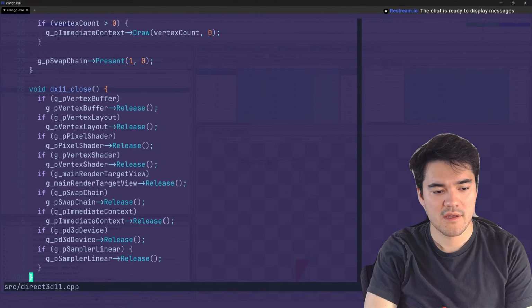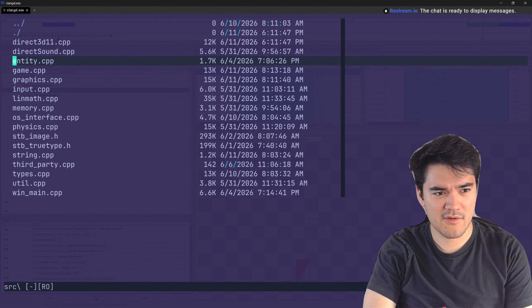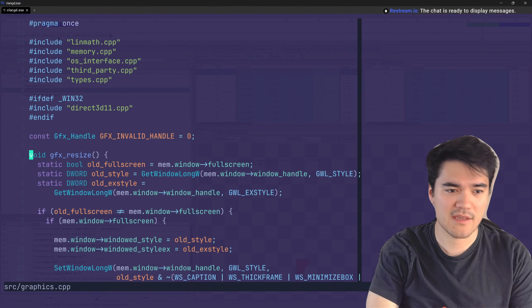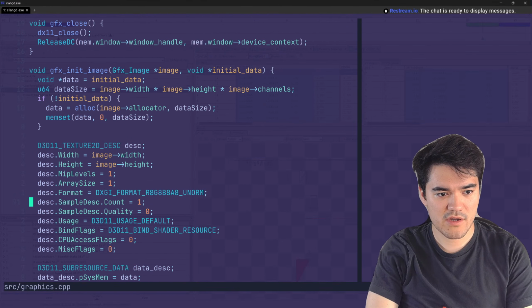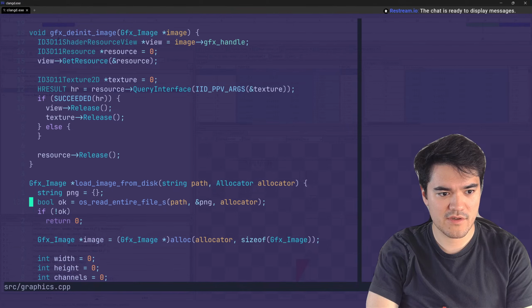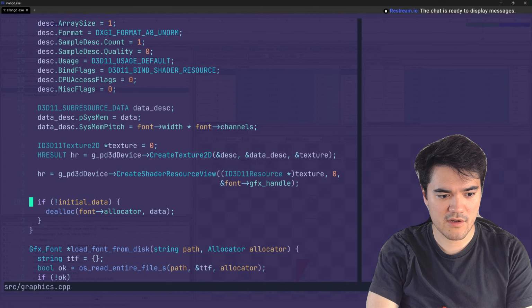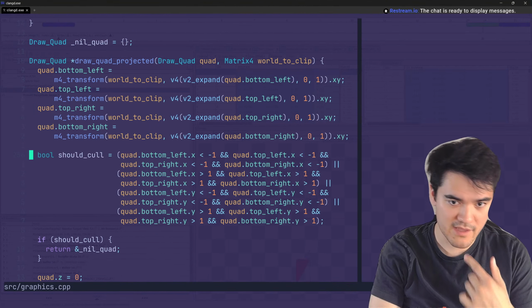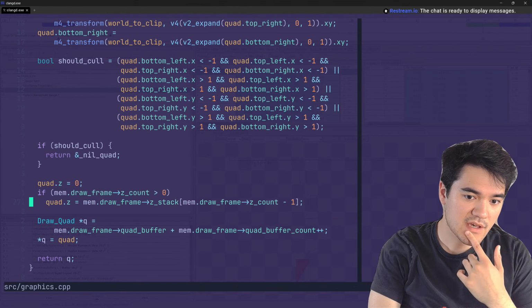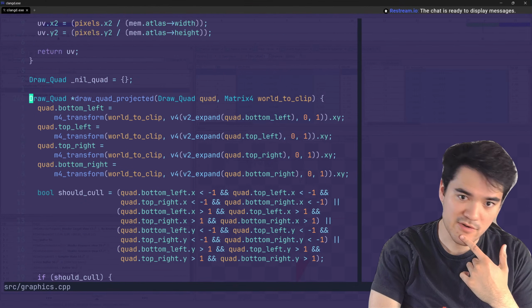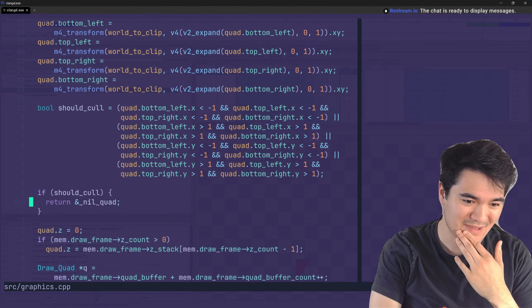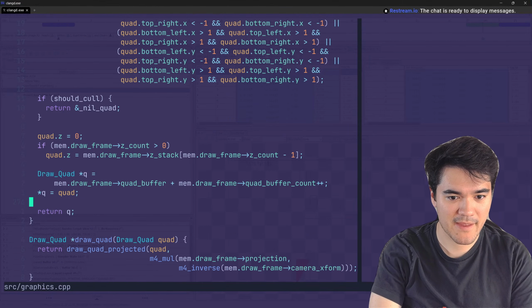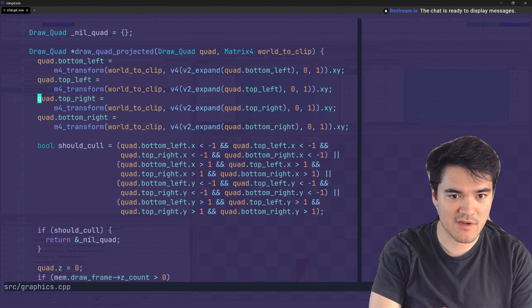Let me think here. As we go down the stack to create these vertexes and draw them, we're doing the real stuff in that one call, something like draw quad projected. Oh yeah, right there. This is the business end of the render pipeline, at least in terms of our logic: it's doing the big transform and then injecting it into the quad buffer.